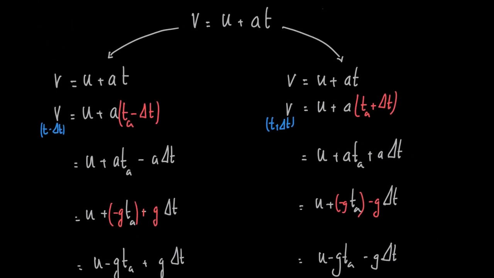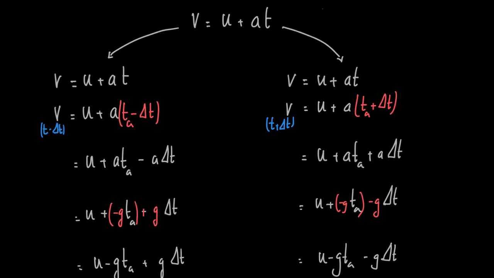So we'll find out the velocities at TA minus delta T and TA plus delta T by the equation v is equal to u plus at. What is v? The final velocity at TA minus delta T and TA plus delta T. U is the velocity with which it is launched. A is minus g.